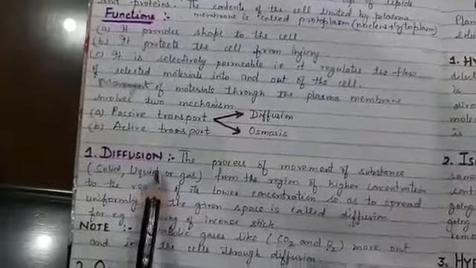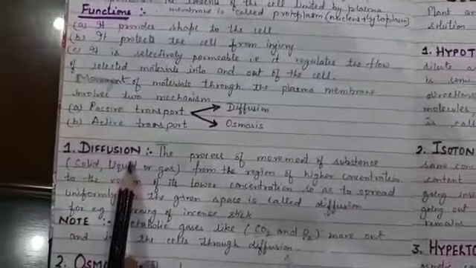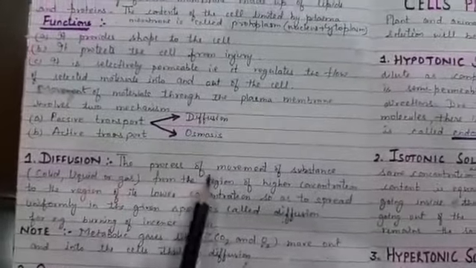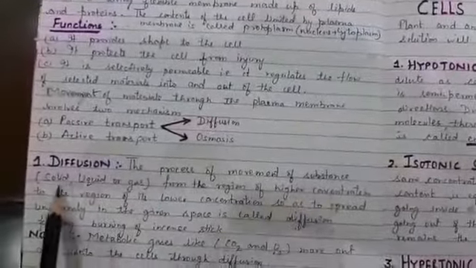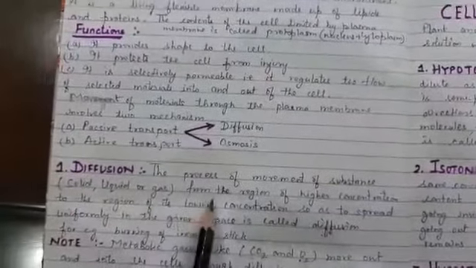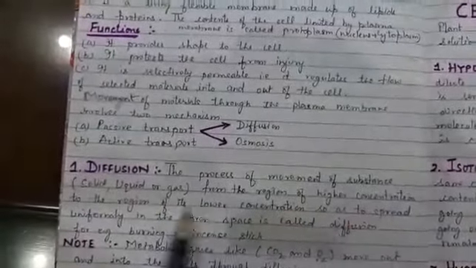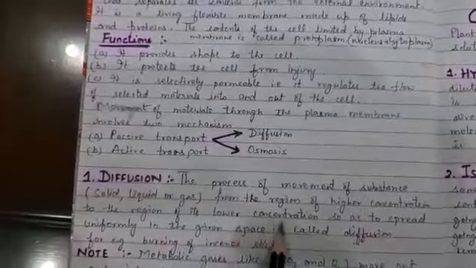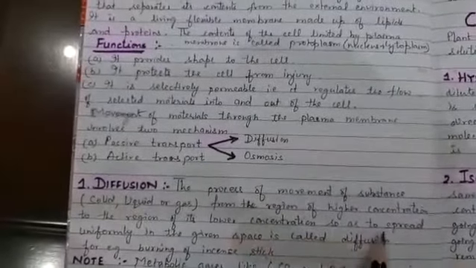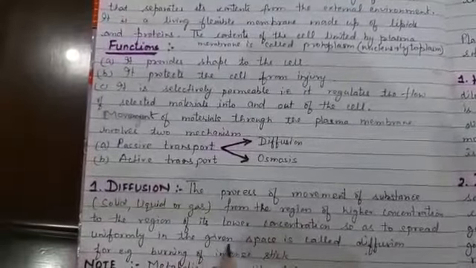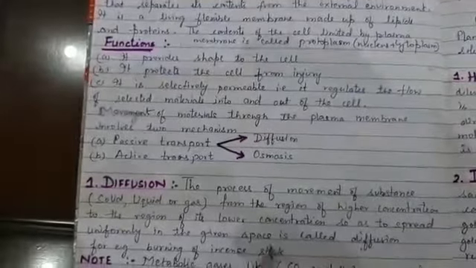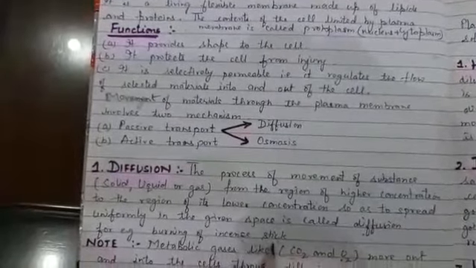First we will discuss diffusion. It is the movement of materials like solid, liquid and gas from the region of higher concentration to the region of lower concentration so as to spread uniformly in the given space. For example, burning of an incense stick.